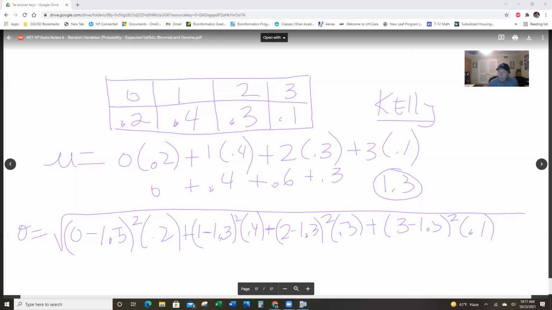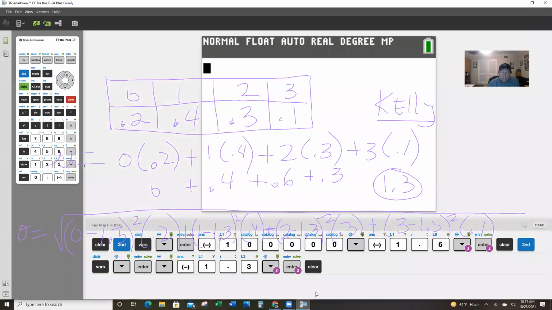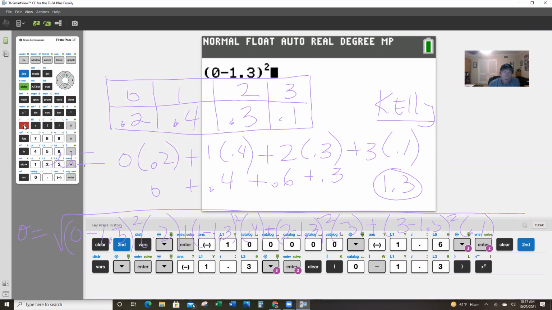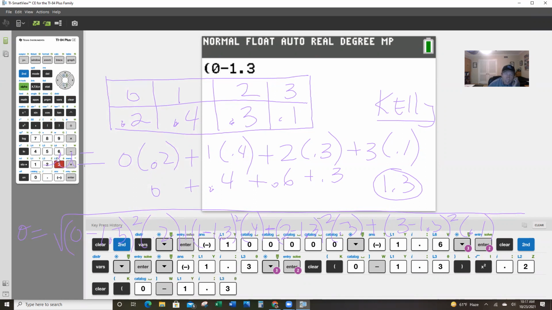Let me try to punch that in so I can see it in the bottom there. So I'm going to go 0 minus 1.3 squared times 0.2. Oops. Try that again. A lot of parentheses. 0 minus 1.3 squared times 0.2, right?